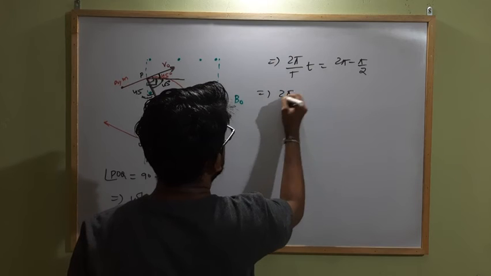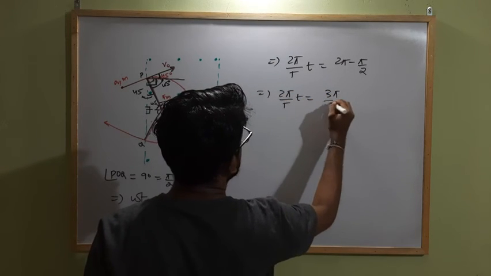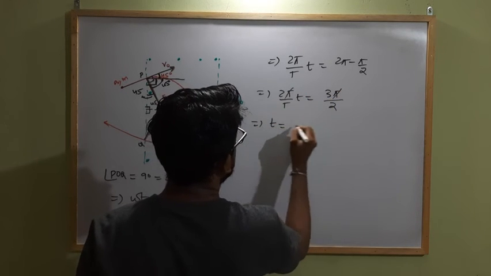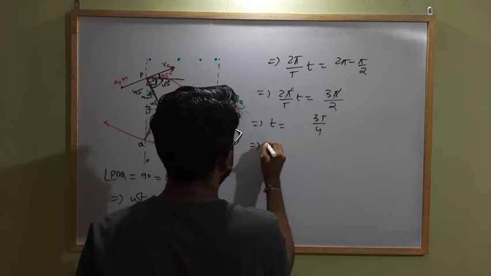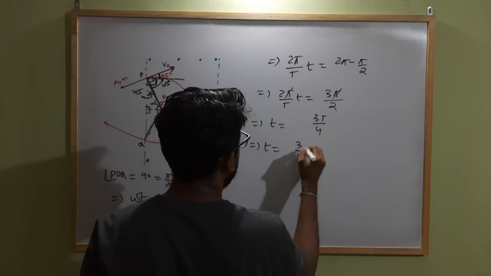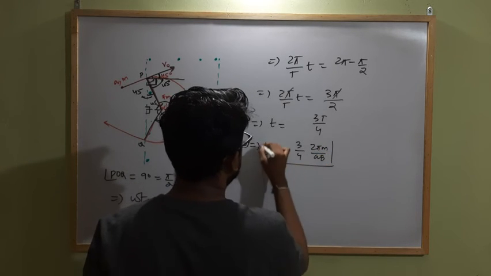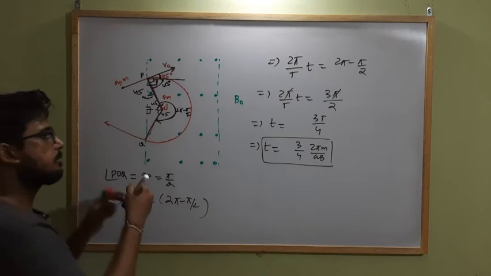So 2 pi by T into t will be 3 pi by 2. So pi cancels, and t will be 3T by 4. So this implies t can be written as 3 by 4 times T, which is 2 pi m by qB. So this is the expression for the time interval up to which the particle remains in the field.